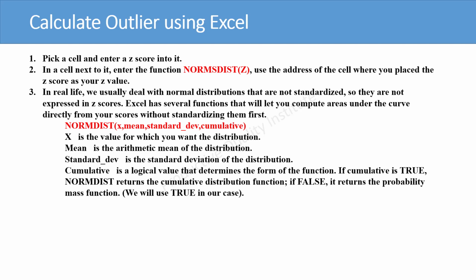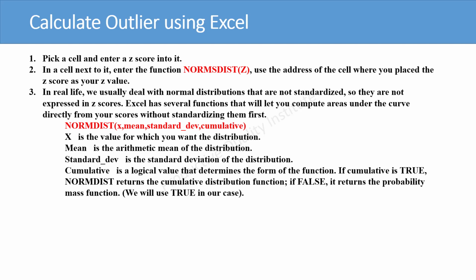Excel has several functions that will let you compute areas under the curve directly from your scores without standardizing them first. NORMDIST(x, mean value, standard deviation, cumulative): x is the value for which you want the distribution.